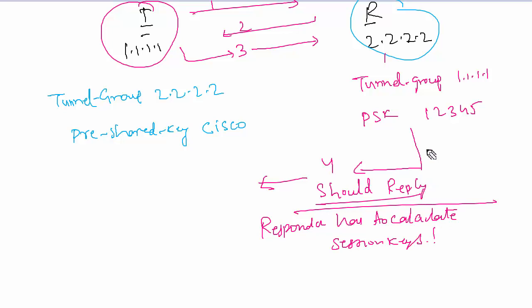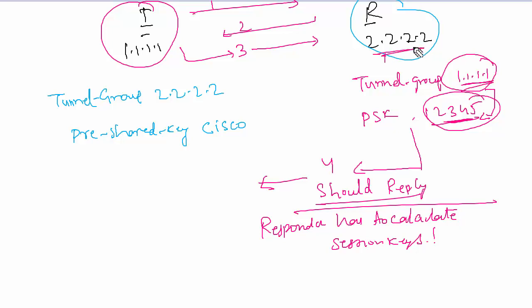It needs to locate the pre-shared key, right? And to locate the pre-shared key, it has to first find the tunnel group. Once it finds the tunnel group, only then can it locate the pre-shared key. After it sends the fourth message, it has to calculate the session keys. To calculate session keys, it needs to find the pre-shared key. To find the pre-shared key, it should find a tunnel group, right?